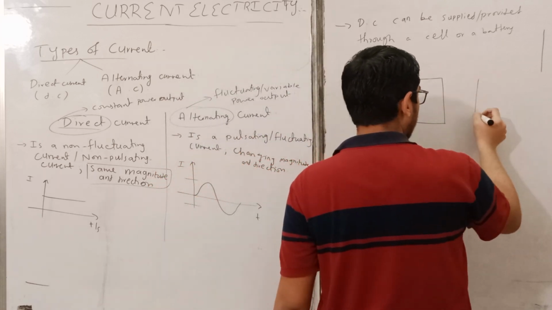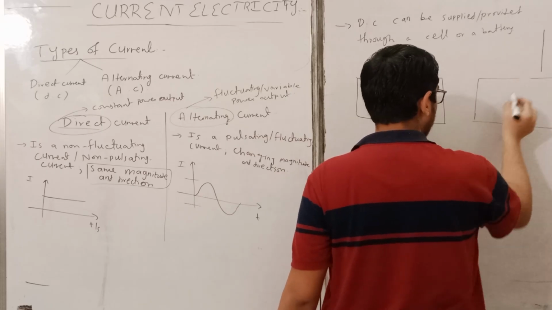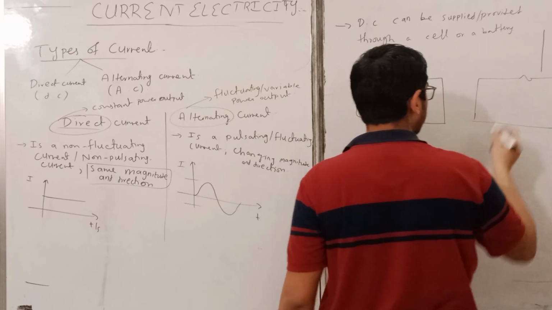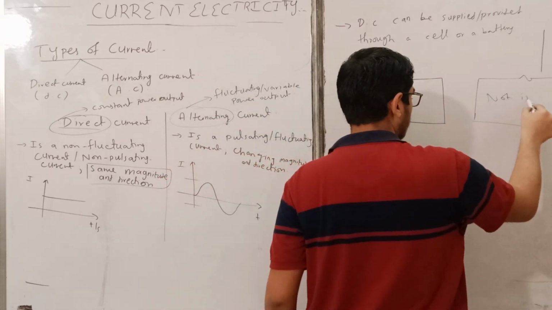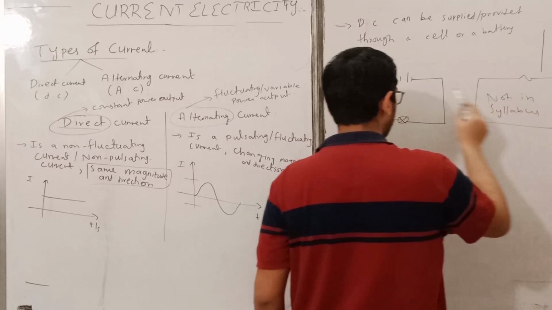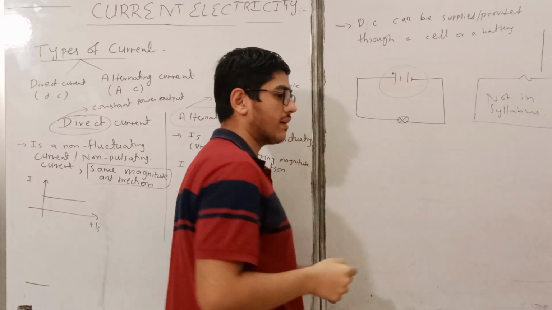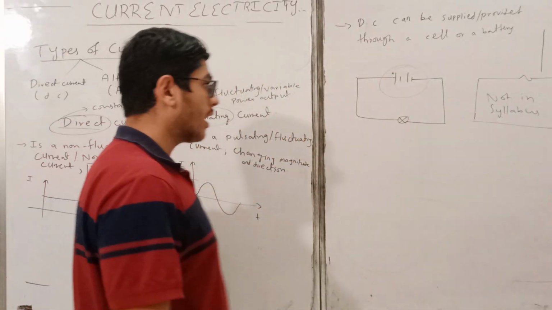And the diagram of alternating current can look like this. But it is not in our syllabus. Not in syllabus. I am just telling you for the sake of knowledge. This diagram is in our syllabus and constantly repeats coming in the exam.